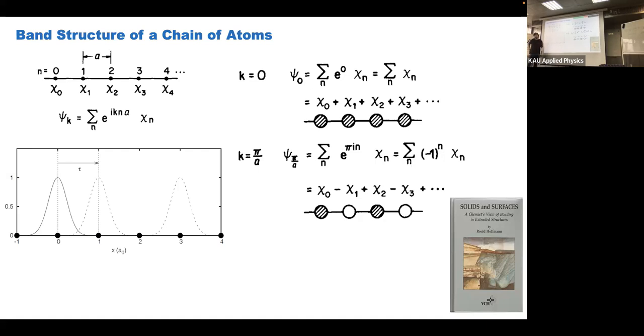So we want to create some general orbital for this chain, and we can do it with a simple sum. We use χn multiplied by exponent i k n a, and we have the general psi function for this chain.